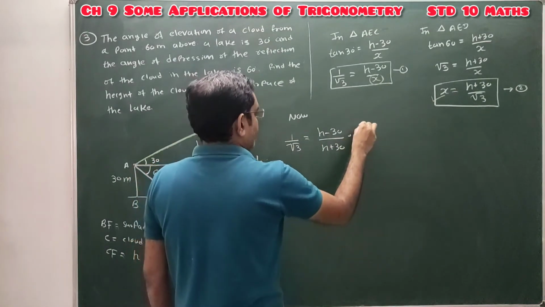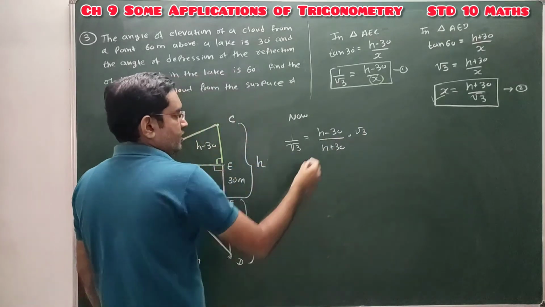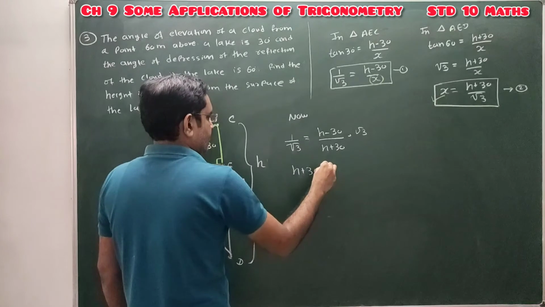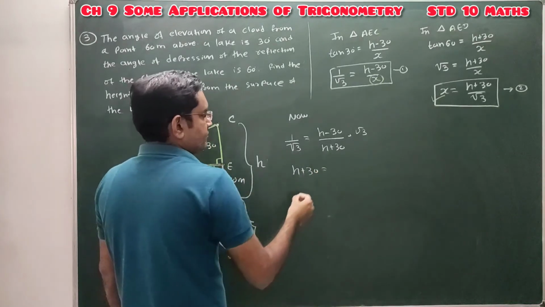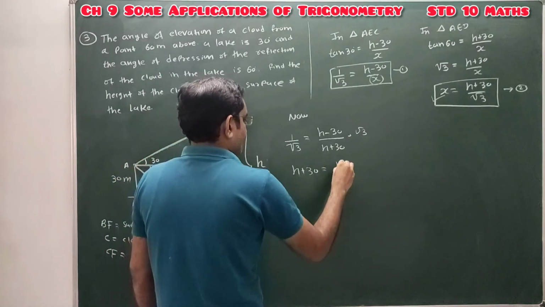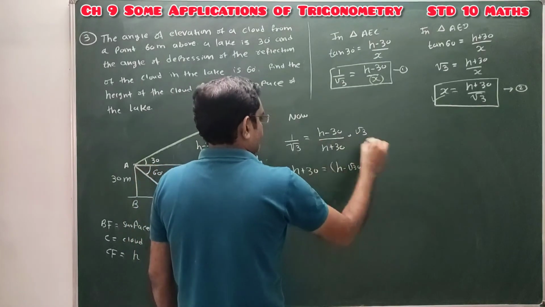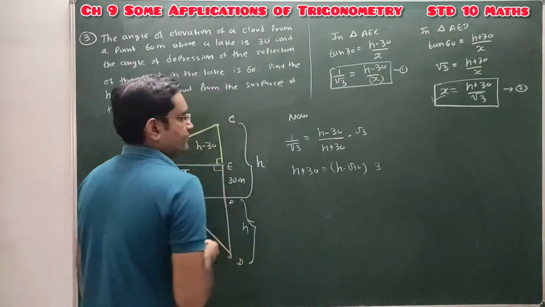upon root 3, so this will go in the numerator. Done. Now cross multiplication, so it's h plus 30 equal to h minus 30 into root 3 into root 3, so it's a 3.